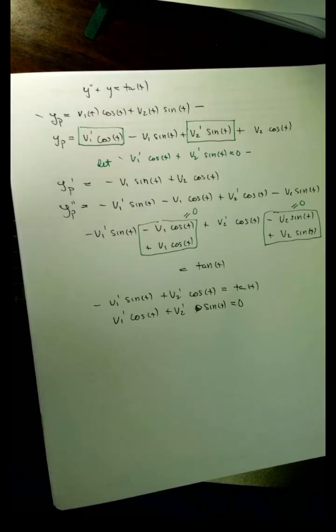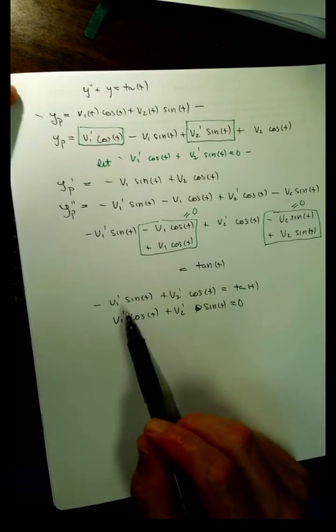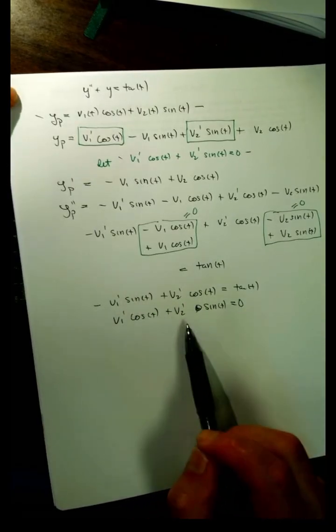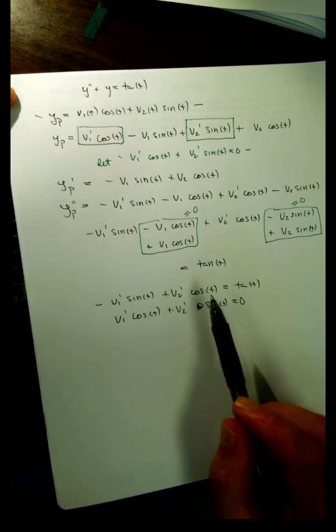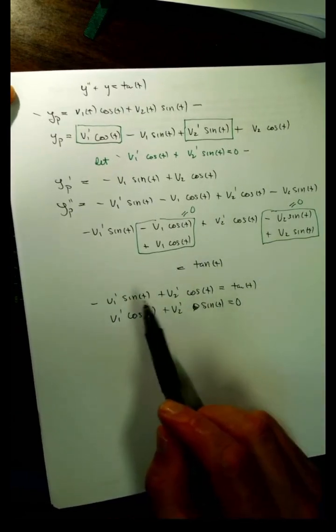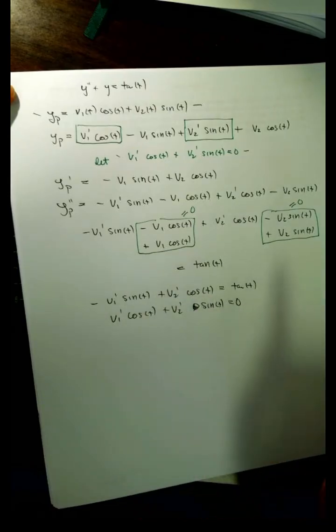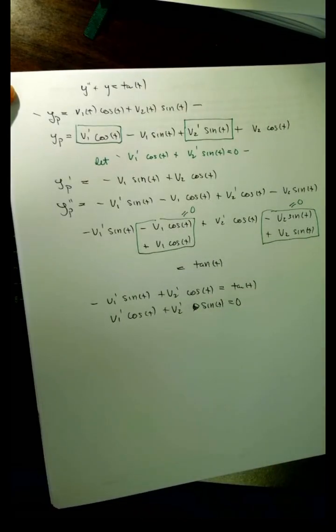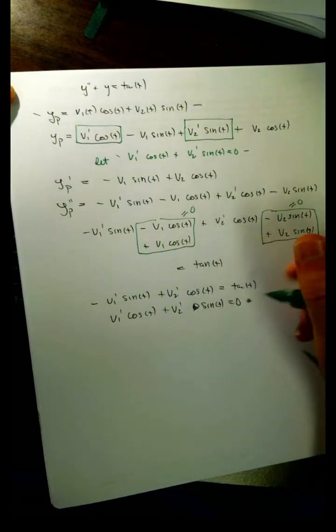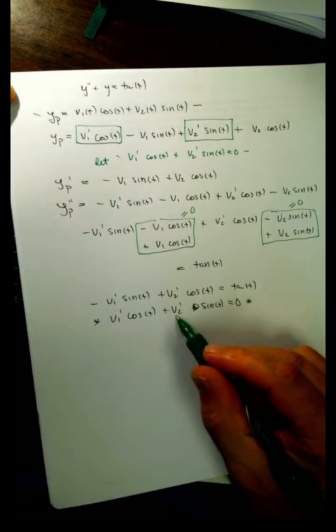I now have two equations, two unknowns, and note it's only v1 prime and v2 prime everywhere. If you get anything like v1 or the second derivative of v1, same with v2, if that shows up here, again, you've done something wrong. So what I'm going to do now is use this to solve for v2.